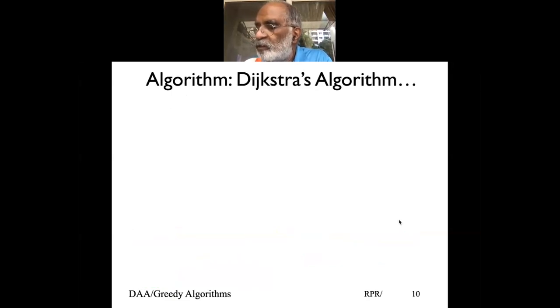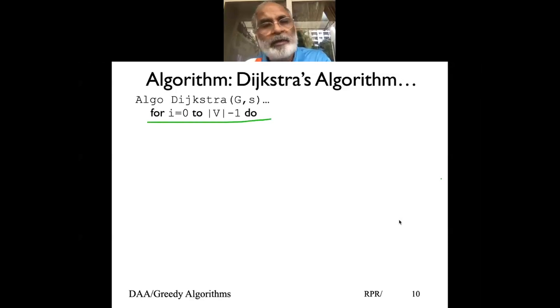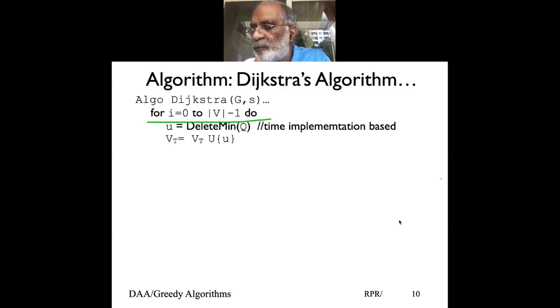So the main part of the algorithm starts with a loop from 0 to n minus 1, because we need to pick up n nodes. First pick up the node with the minimum distance. Remember, when we did the initialization, we set the distance of ds to 0, and the distance of all other nodes was infinity.